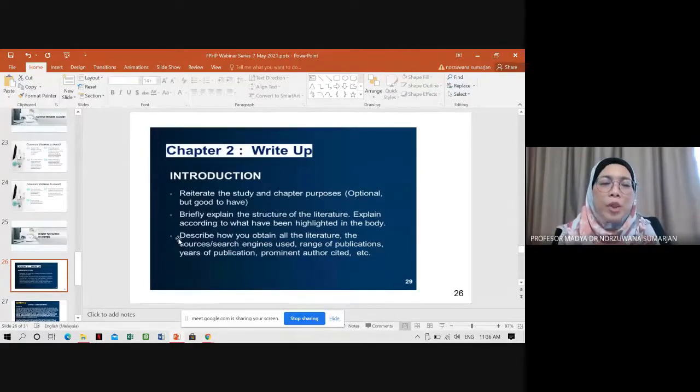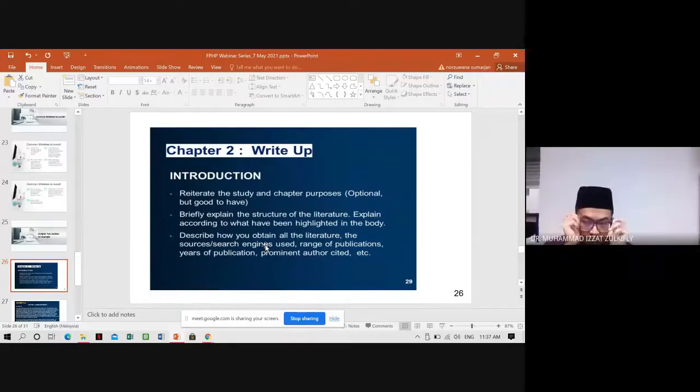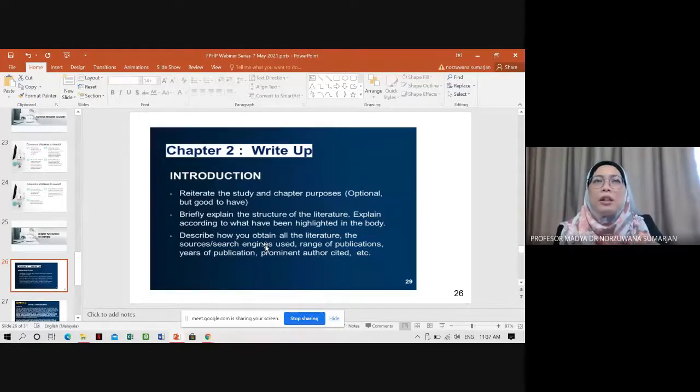And what you need to do next is to briefly explain the structure of the literature. Now, please remember, explain according to what has been highlighted in the body. Meaning that if the chapter begins with the definition of variable A, then in the subheading, the first one should be the definition of variable A. Because you are navigating the readers, you provide a navigator.